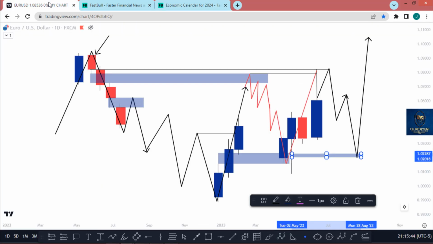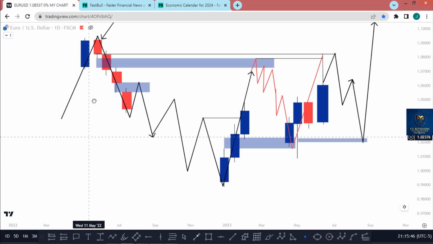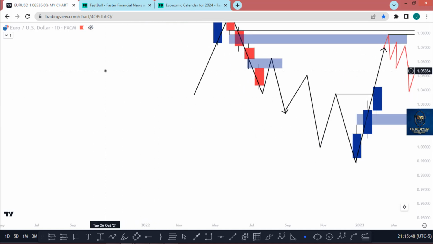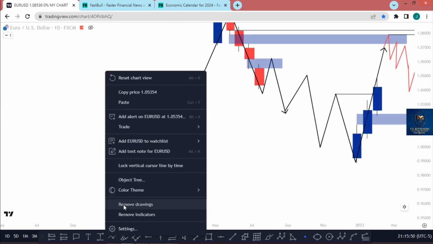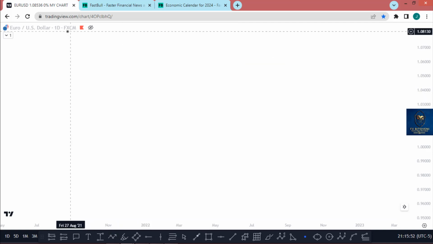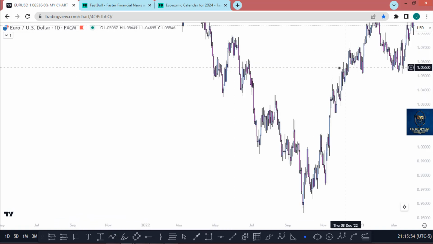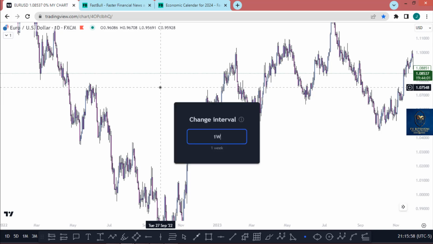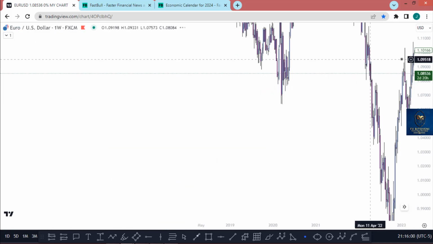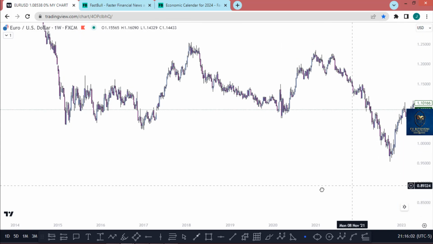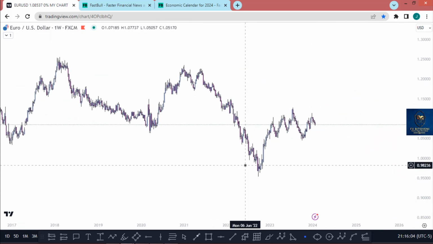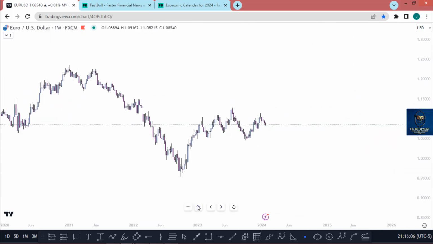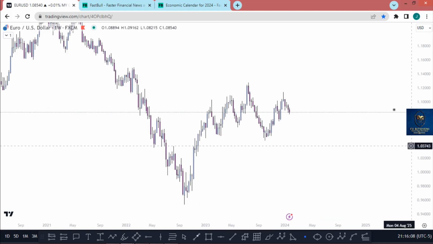So let's go on and talk about this concept, guys, and how to use it. Let's say, for example, this depends on the time frame you are going to use. If you are going to use weekly, make sure you understand that it will be showing you bigger structure.